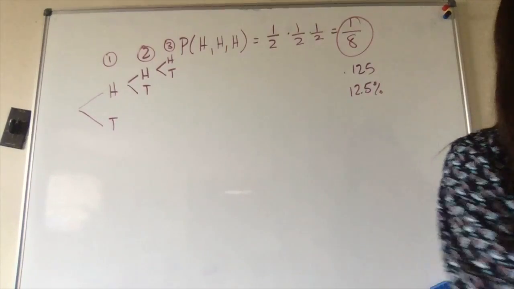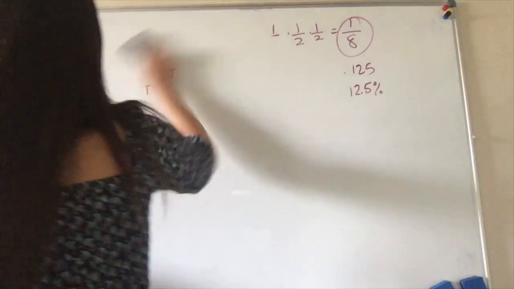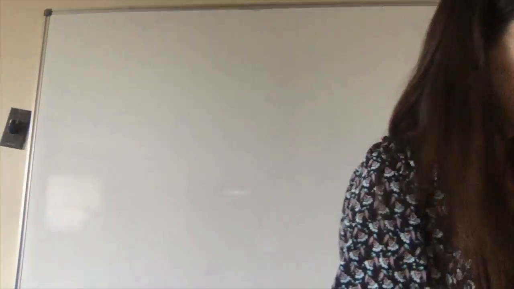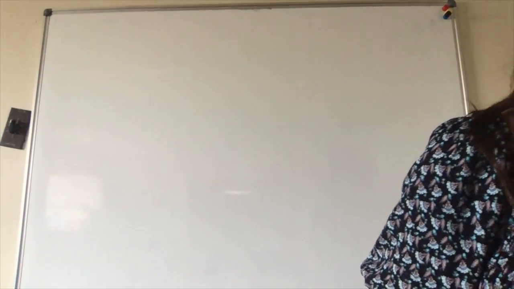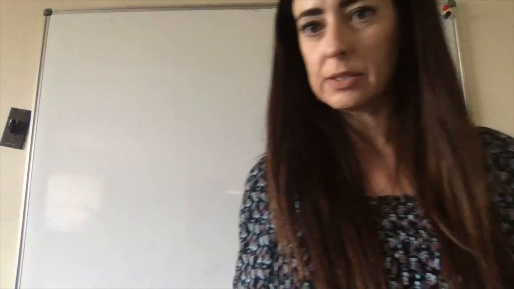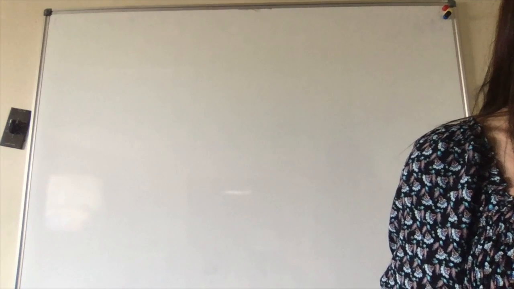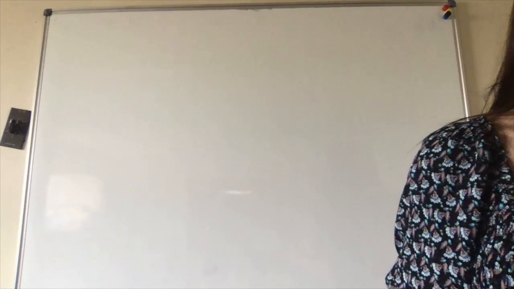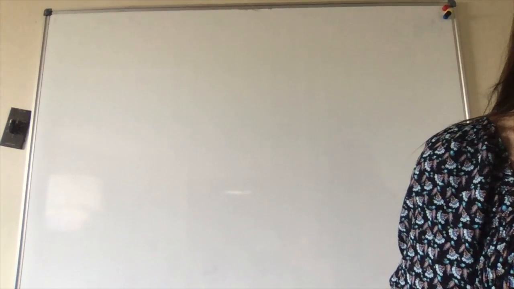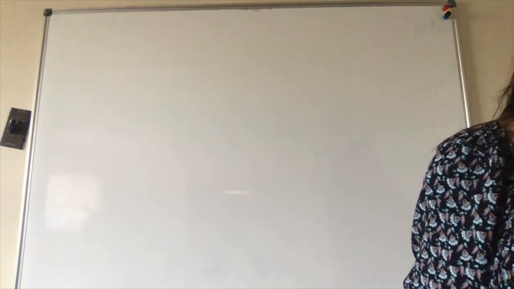All right, so let's keep going. I believe there is one more example for us. All right, and example 114.2 says a fair coin is tossed 4 times and it comes up heads each time. What is the probability that it will come up heads on the next toss?